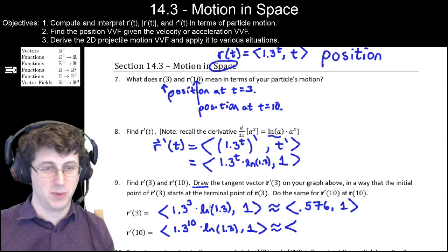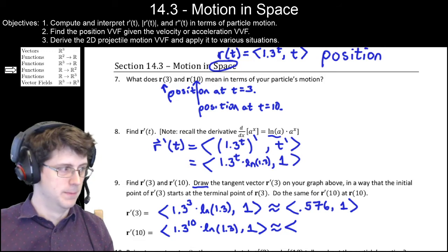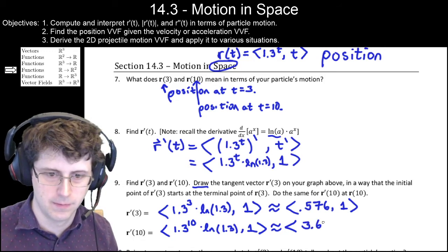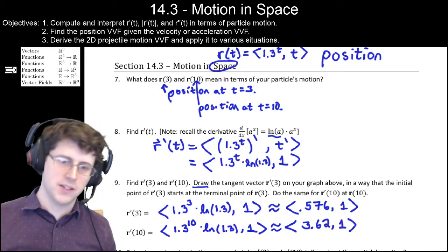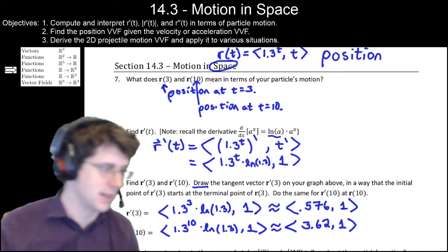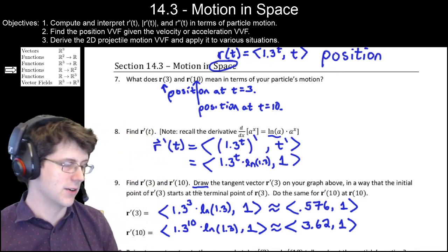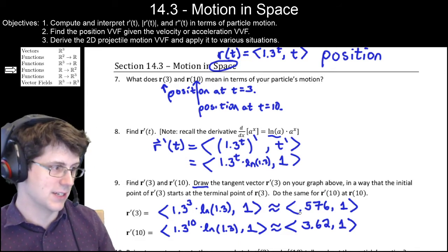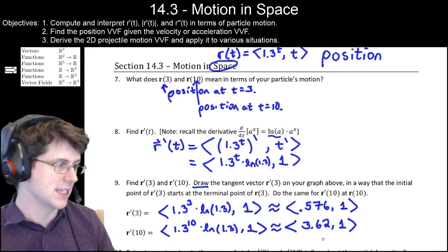That's about 3.62. Ask your instructor about decimal places. When I'm teaching this class, if we're drawing by hand on a graph, you don't need many more decimal places than this because there's no way that you can draw to this accuracy.